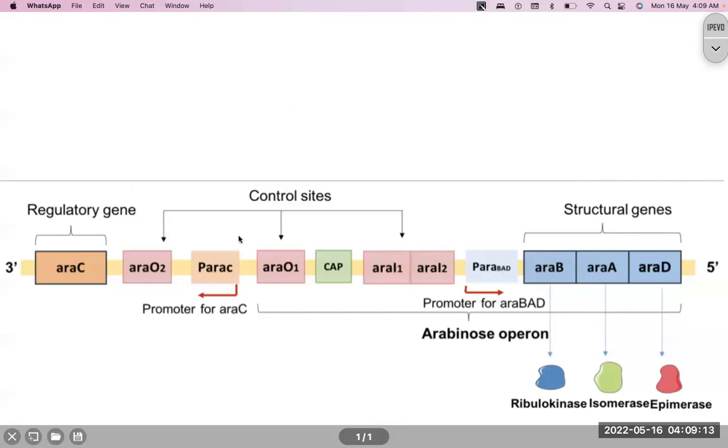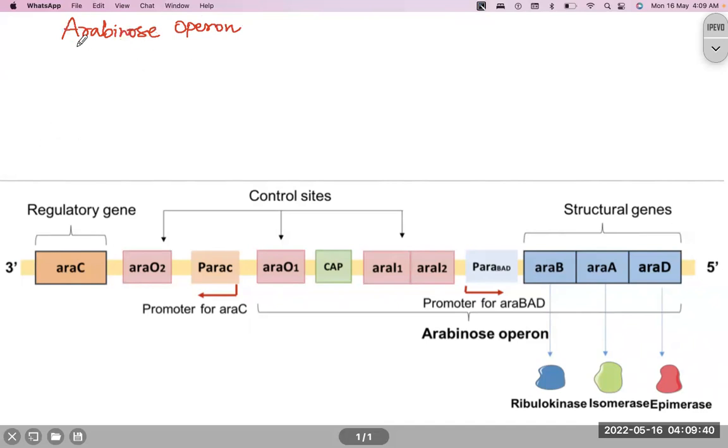The figure which you are seeing is the structure of Arabinose Operon. Okay. Arabinose Operon.